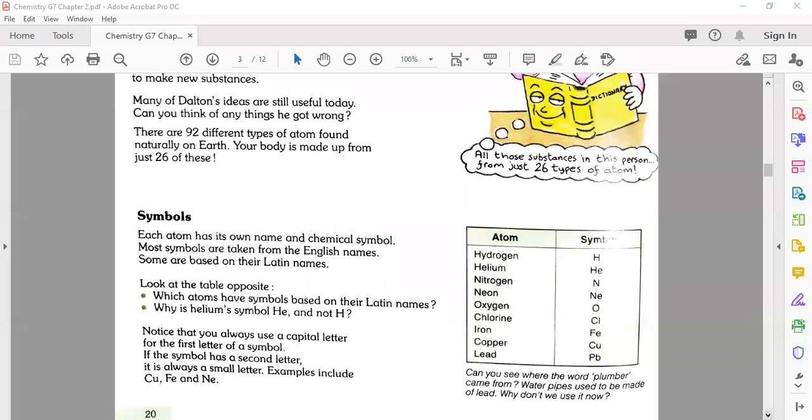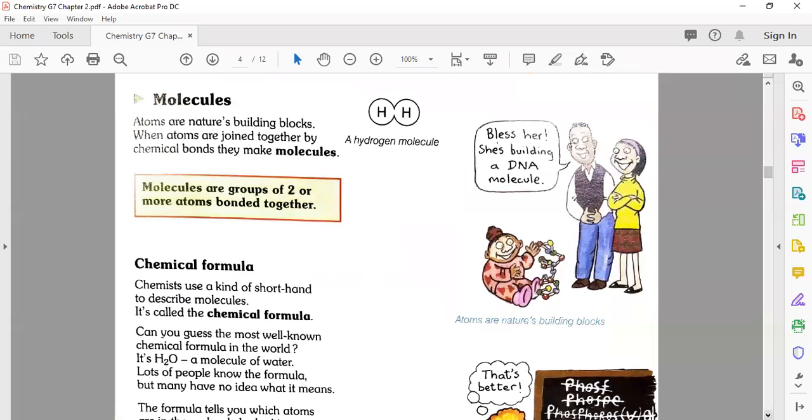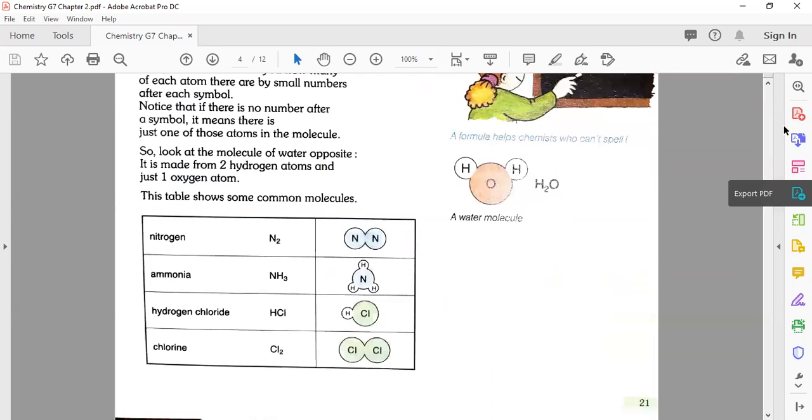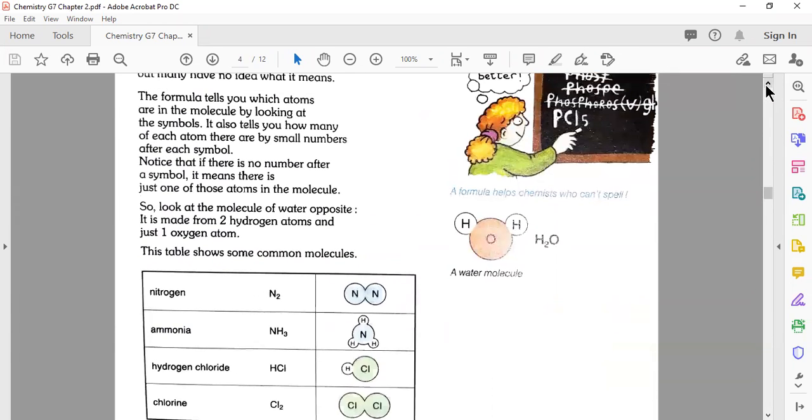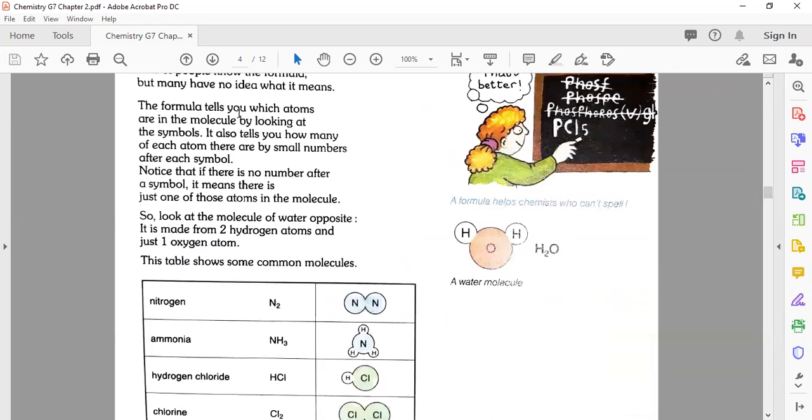Now let's go back to our topic on page number 21. The formula tells us which elements are in the molecule by looking at the symbols. It also tells us how many of each atom there are by small numbers after each symbol. When you write the formula H2O, you can easily read the numbers.